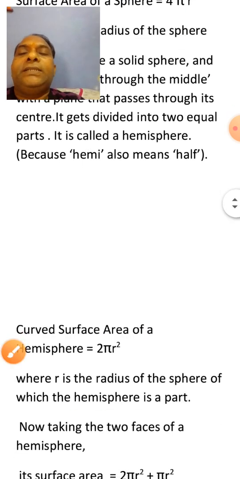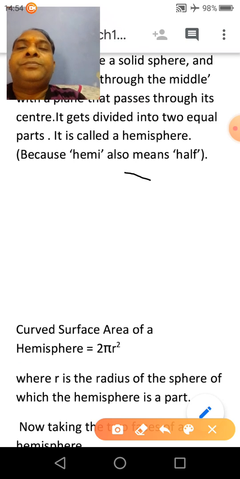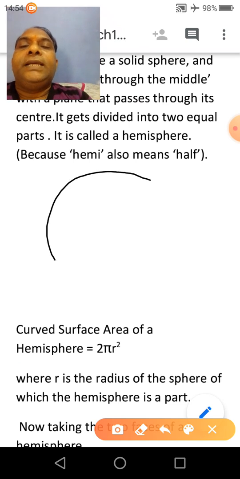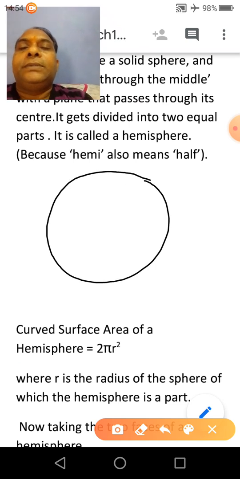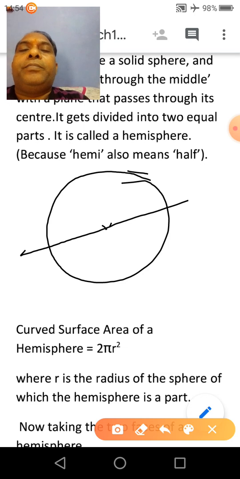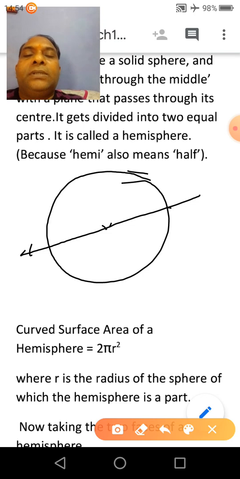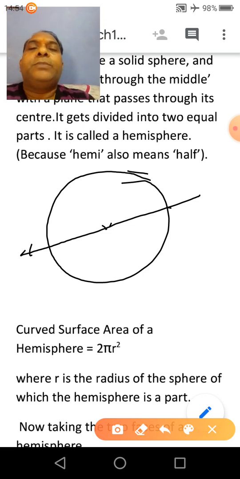It means, see here, a sphere, if you cut it at the middle part by a plane, then you have two parts and each part is known as hemisphere.